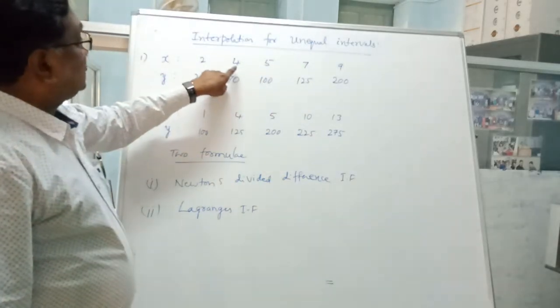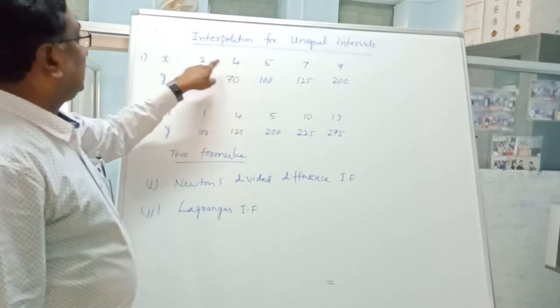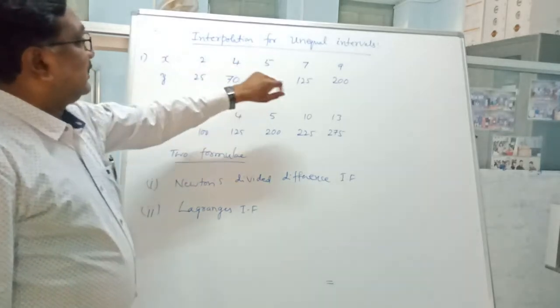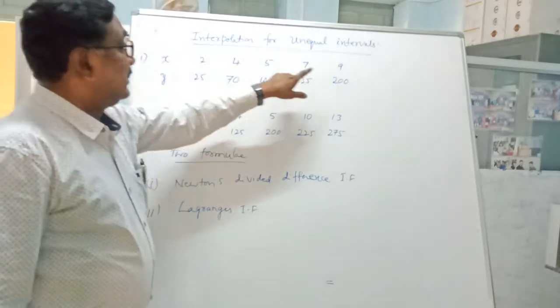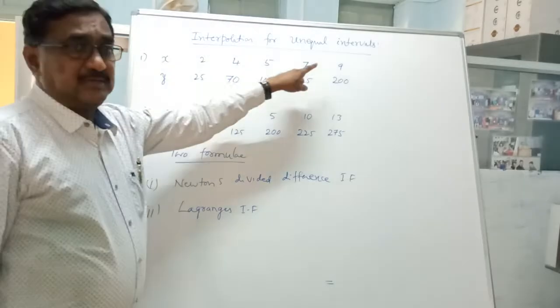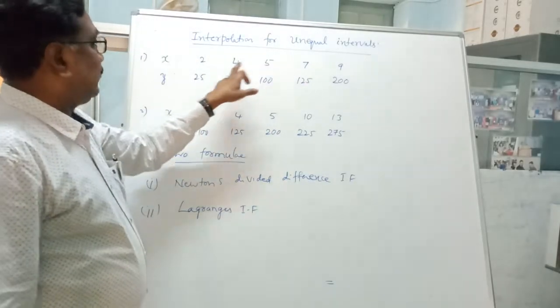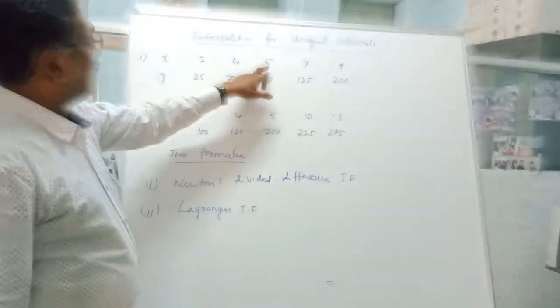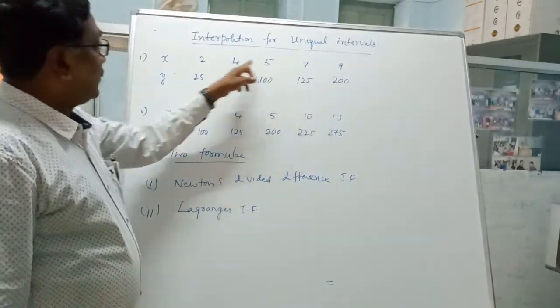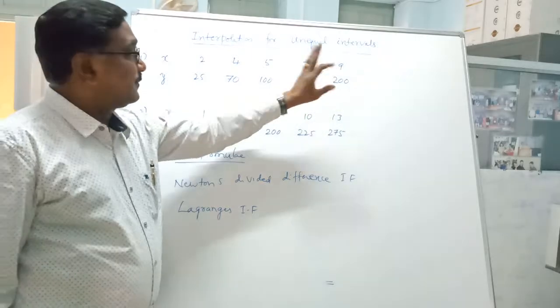Here the differences between consecutive values: 4 minus 2 is 2, 7 minus 4 is 3... 6 minus 4 is 2, 7 minus 6 is 1, 9 minus 7 is 2. This difference is called h. But h is not constant here. 4 minus 2 is 2, 7 minus 6 is 1. So h is not constant. Therefore we say these are unequal intervals.